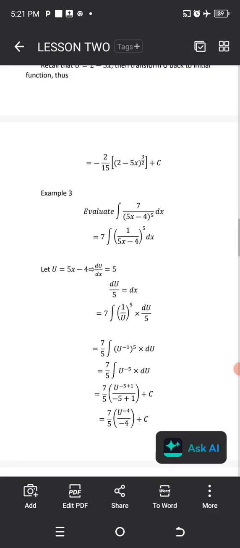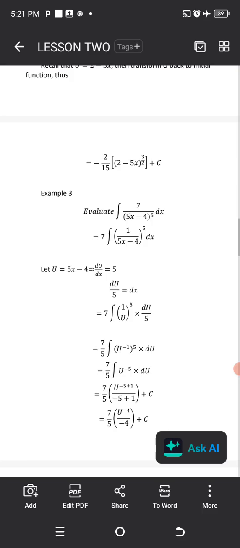So you have to evaluate integral of 7 all over 5x minus 4 all raised to power 5 dx. This kind of function is actually called, you can call it composite function, and you can call it quotient function because it's in the form of fraction.